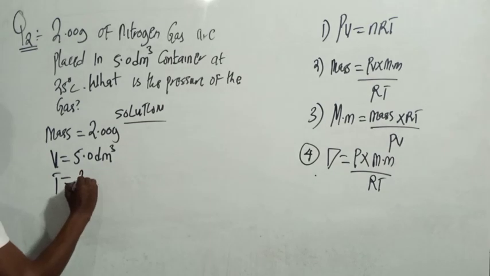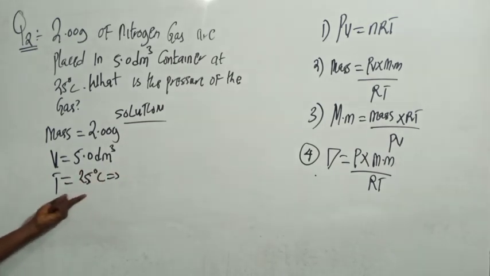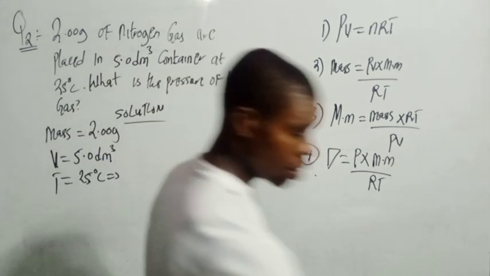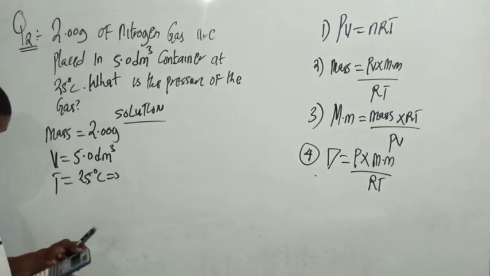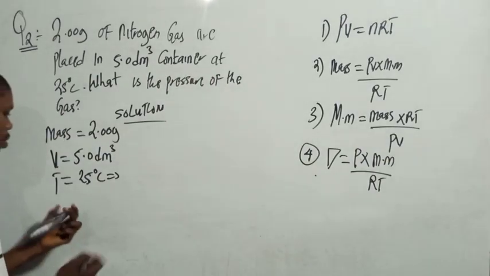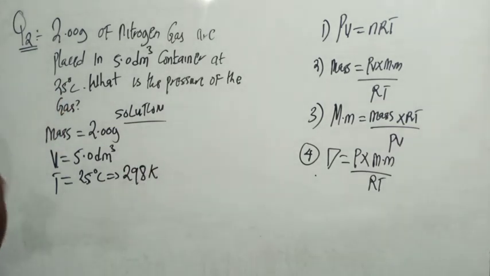Temperature was given to me to be 25 degrees centigrade. Remember, temperature must be converted to Kelvin by adding 273. So 25 plus 273, here we have 298 Kelvin. What is next here?